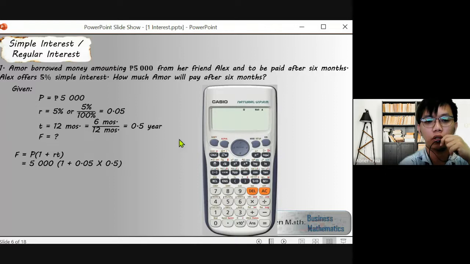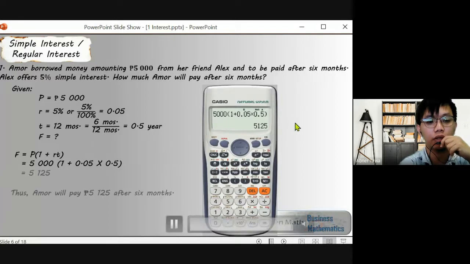Okay, so if you're going to solve that, we are going to have here 5,000 multiplied to 1 plus 0.05 times 0.5, which is equals to 5,125. Okay?